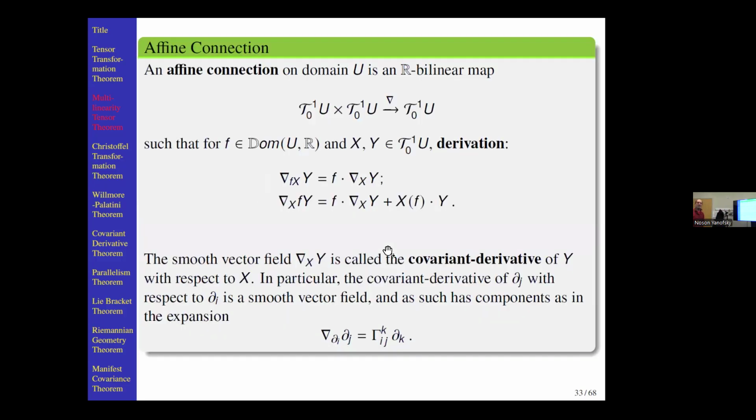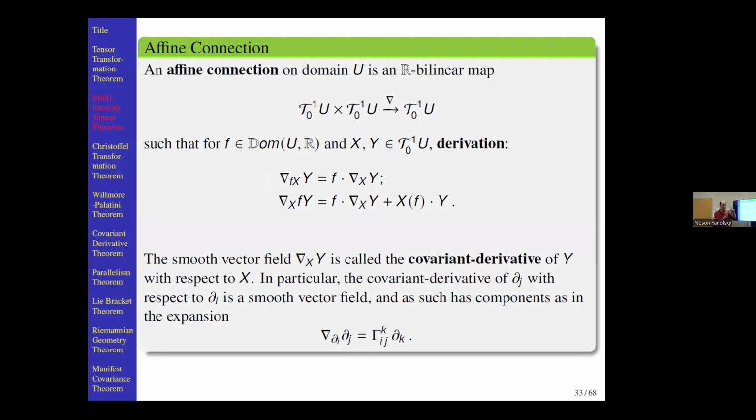Okay, now we get to the real good stuff in terms of derivatives on a manifold. An affine connection is a multilinear map, but it has a property. And I want to insist on just how that works. A tangent vector, I'm using a script T here because now I'm talking about smooth sections.